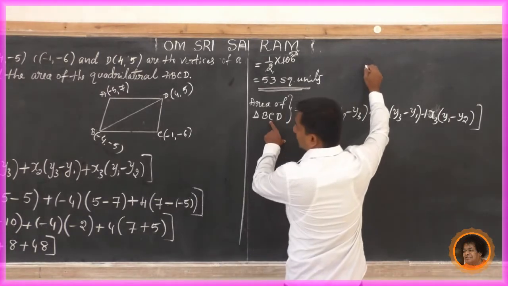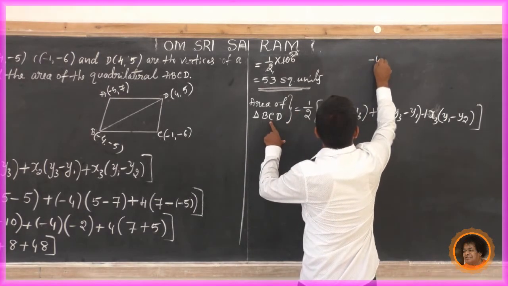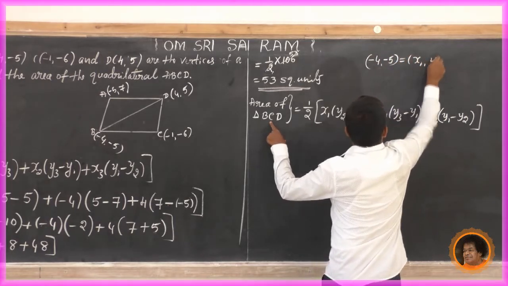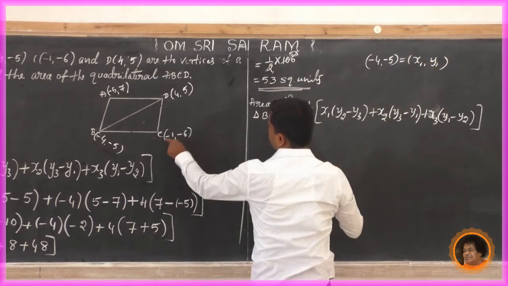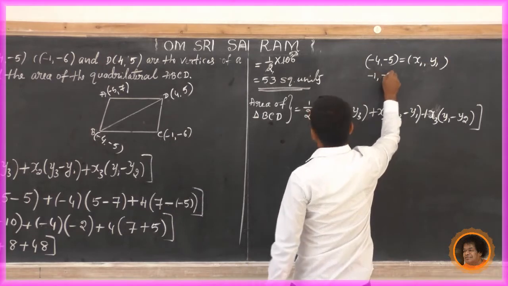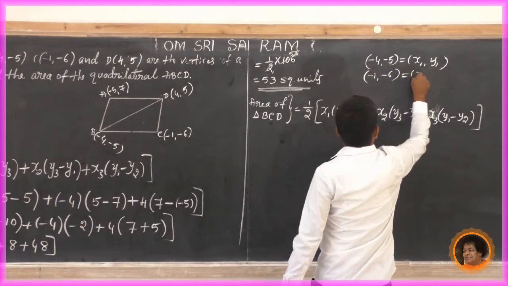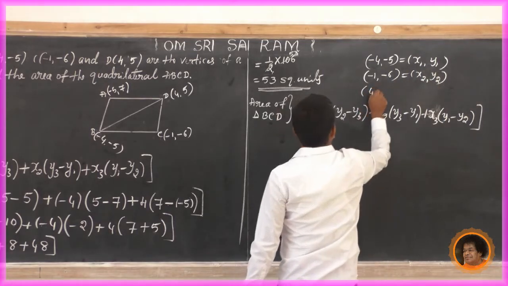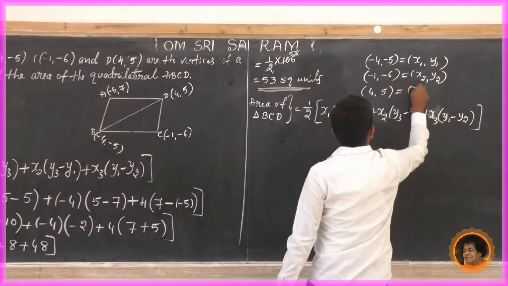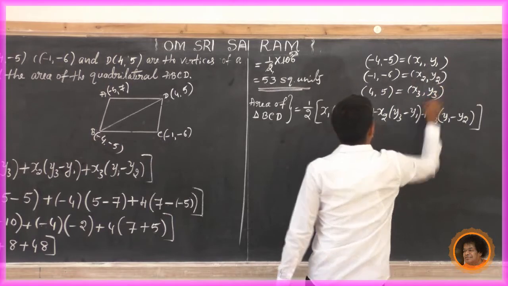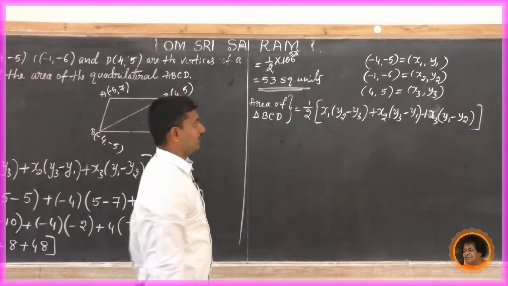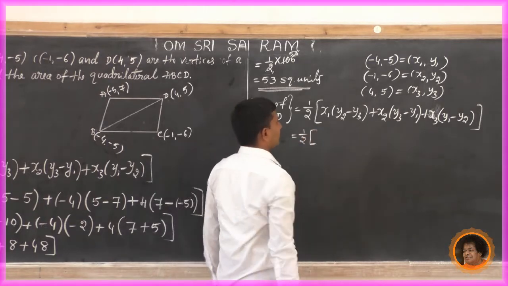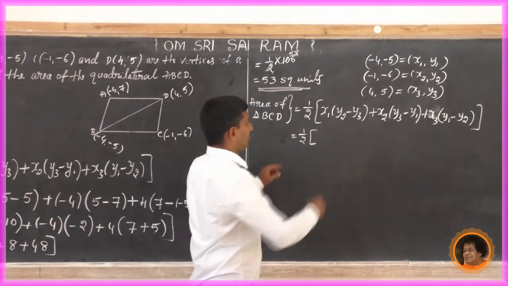So the coordinates of the point B are minus 4, minus 5. So this is x1 y1, and C is minus 1, minus 6, x2 y2, and the third coordinate point 4, 5. So this is x3 y3. Now substitute the values. So equal to half into x1 into y2 minus y3.